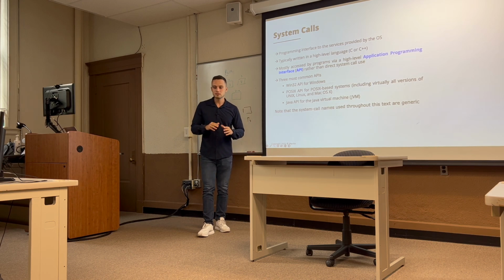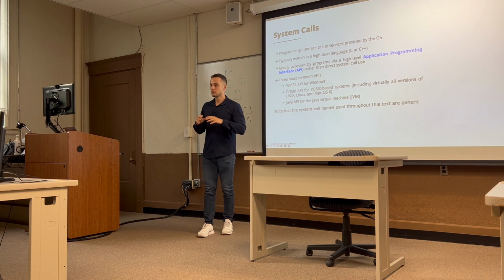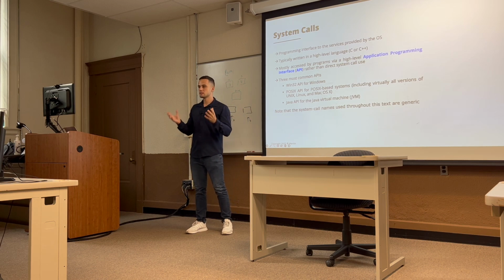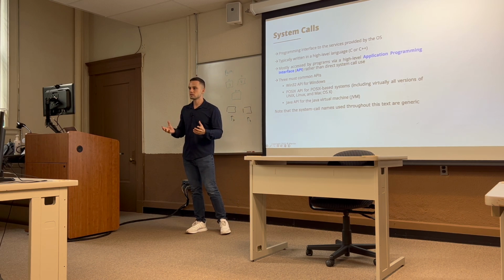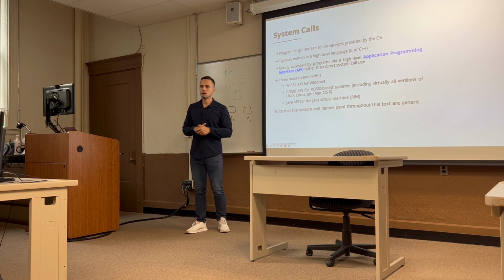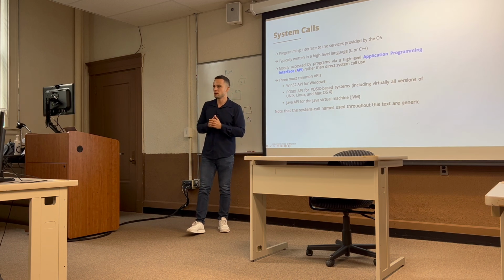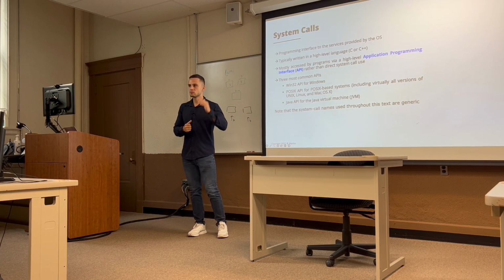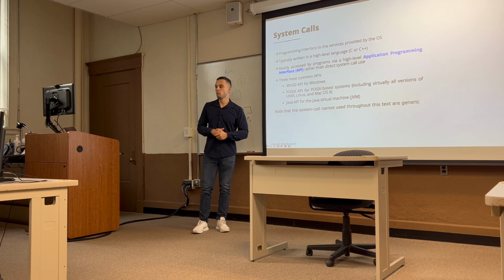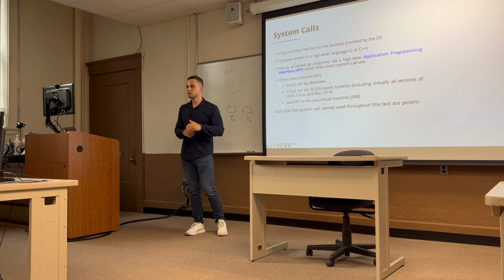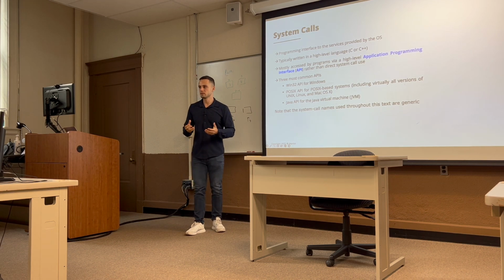So the idea is that we never actually see how the system is implemented, what the code in the system is. The only thing our programs and the users care about is to send an input and get some output. For example, if you use the open function, the input is going to be the name of the file, and the output is going to be your file opened.